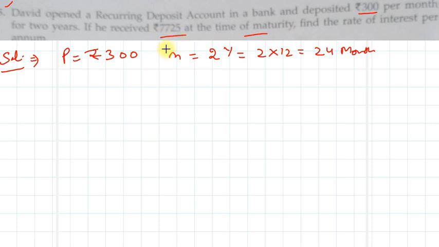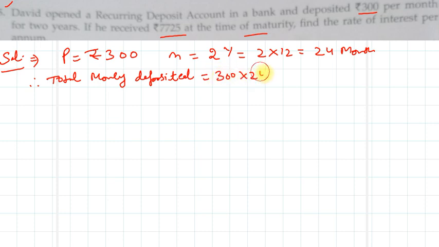Total money deposited at the end of 24 months would be what? 7,200. Therefore he has deposited 300 per month for 24 months.